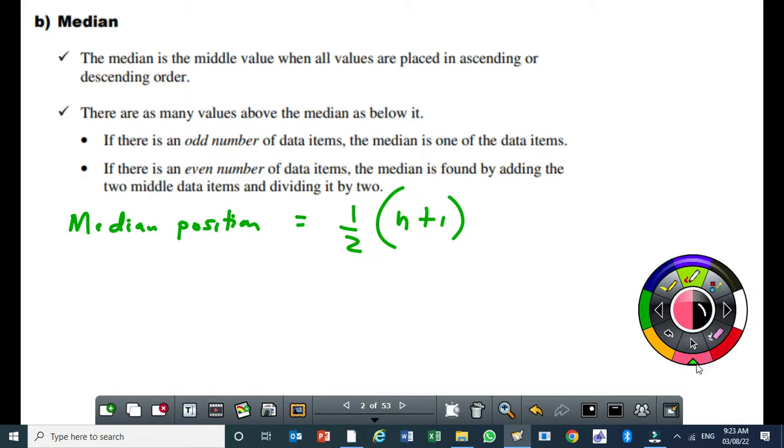The median position is equal to half times n plus 1. But now we have to specify whether this is for the odd case or for the even case.